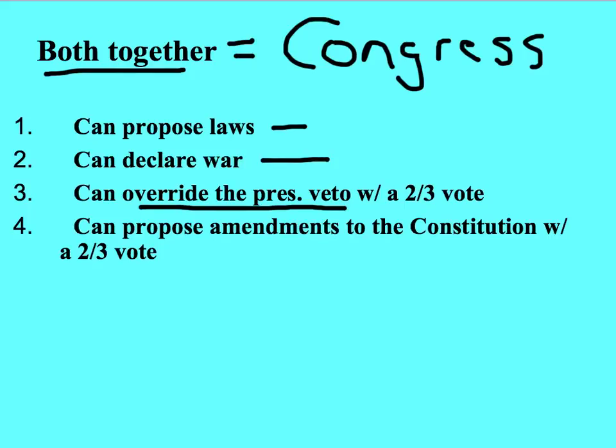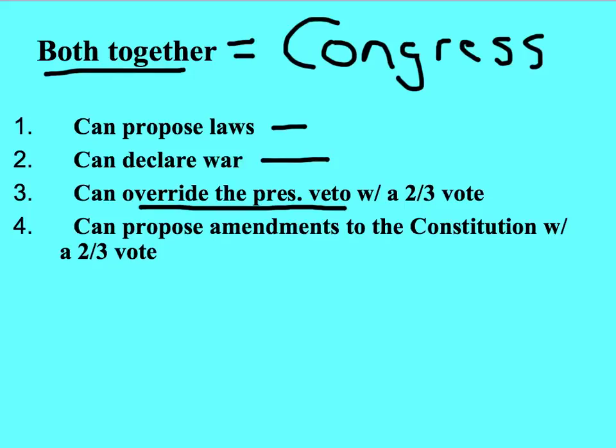If a law makes it to the president's desk and the president doesn't like it, the president can veto it. Doesn't mean the bill is necessarily dead. It then is brought back to Congress, and if 2/3 of them, which, remember, if there's 435 House of Representative members plus 100 senators, that's 535.